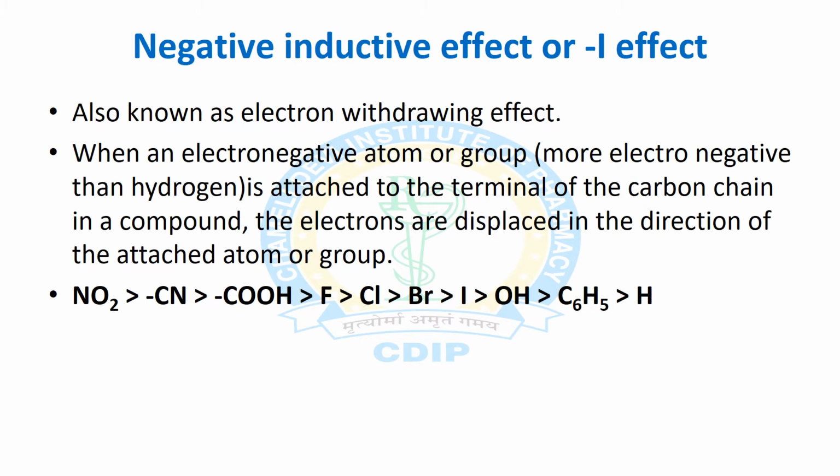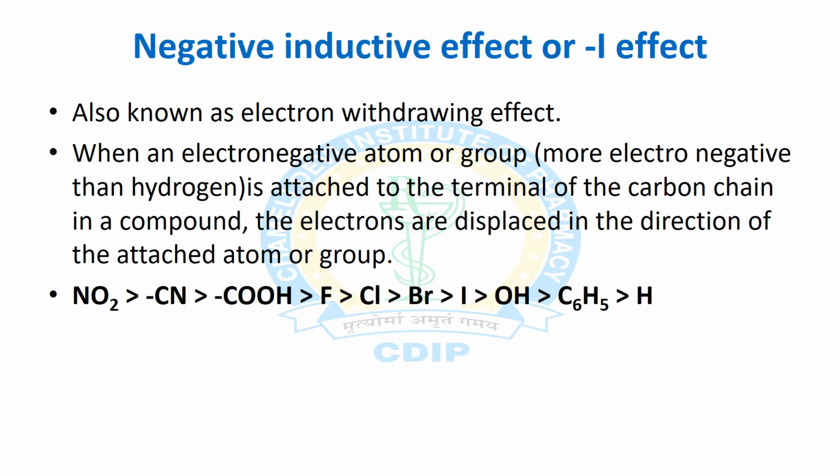The negative inductive effect is also known as the electron withdrawing effect. Whenever there is an electronegative atom or a group attached to the terminal of the carbon chain in a compound, the electrons get displaced in the direction of the atom attached.